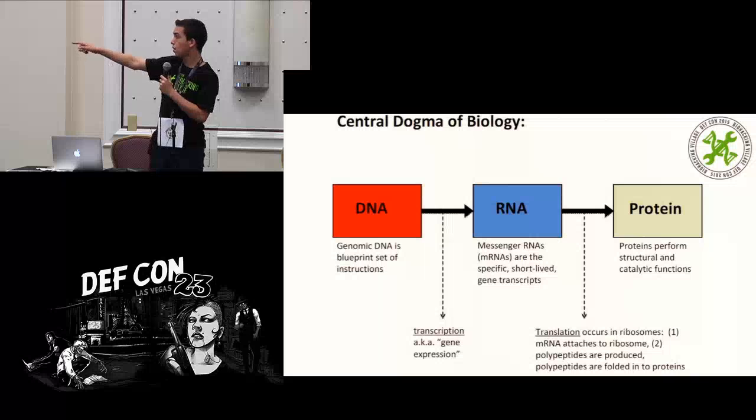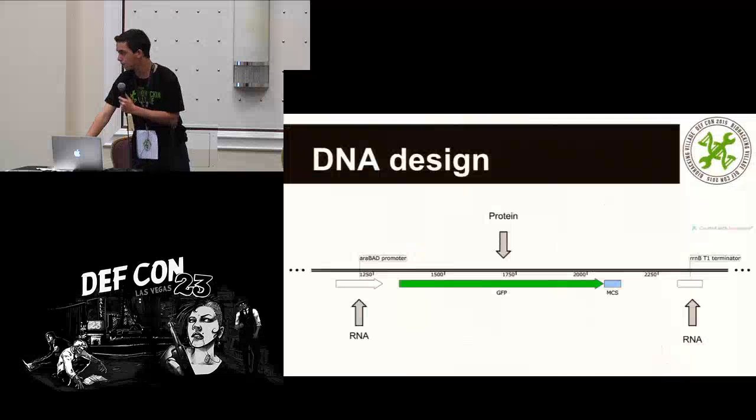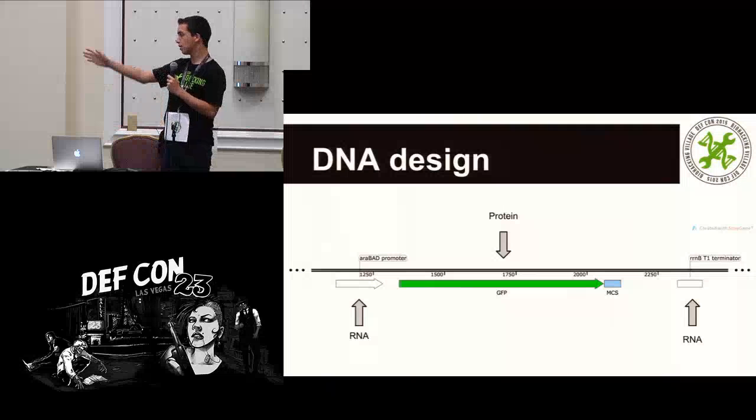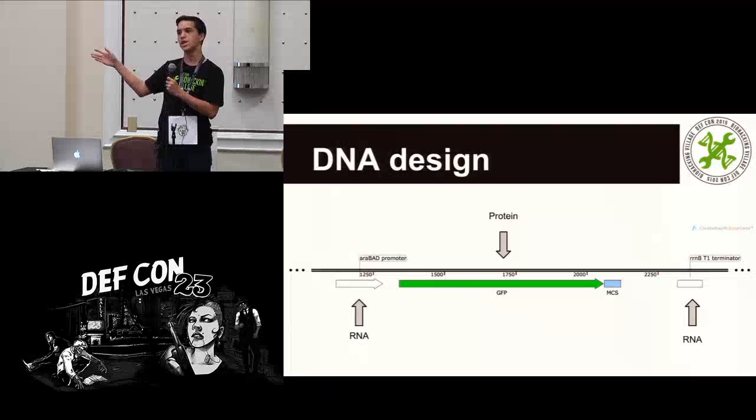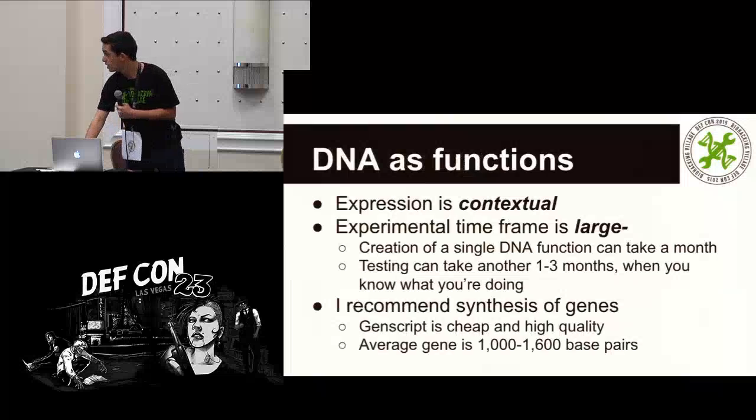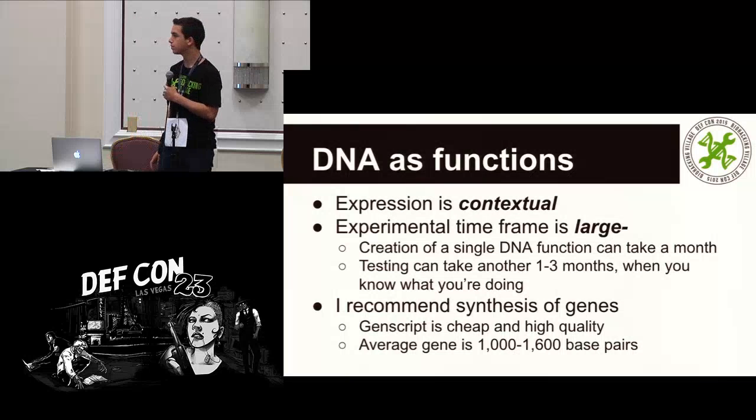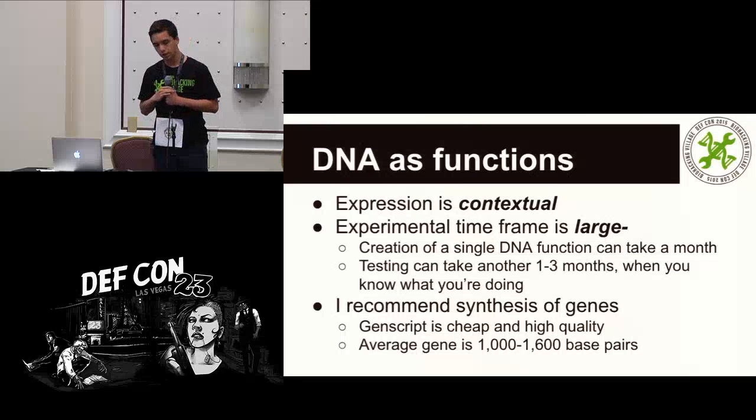Then RNA to protein isn't really shown here, but if you have a sequence that starts with ATG, it'll be turned into a protein. And one other note on designing DNA as functions: proteins can't be modified, meaning you can't modify nature's code.